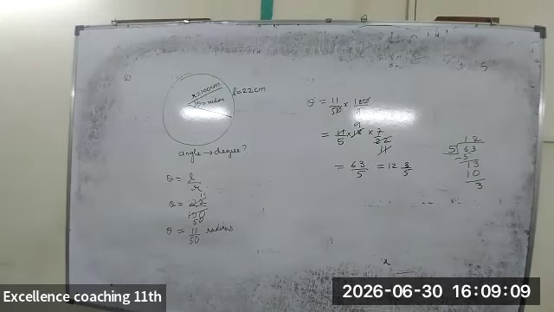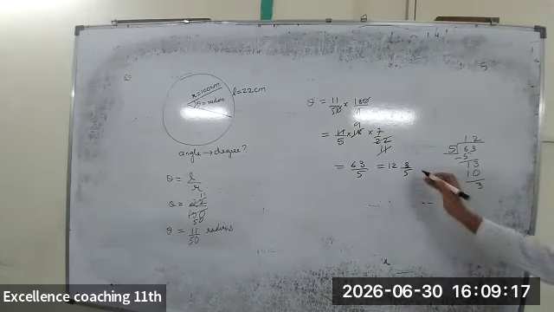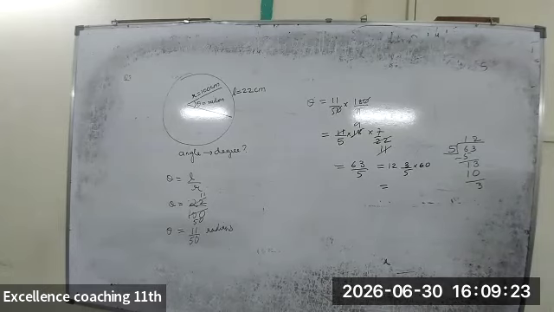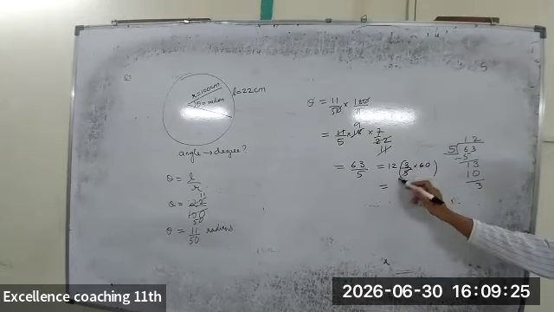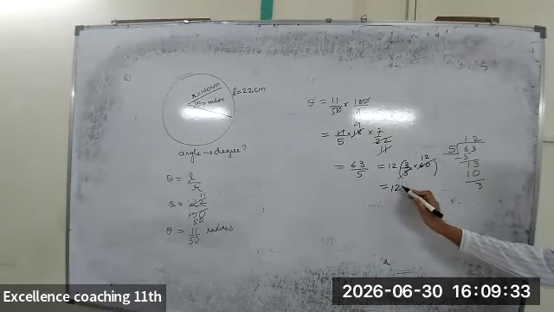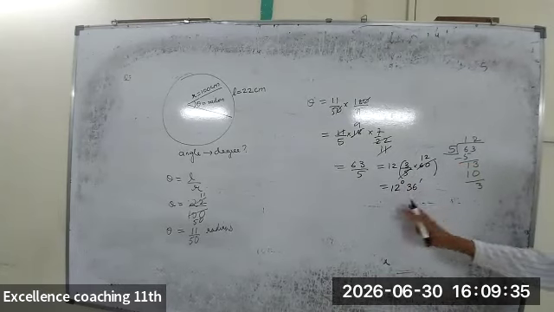Directly, I think it's getting cancelled, no? Just check. 5 ones are 5. 36 straight away. Here no fraction, so no more division. So we have to stop here.